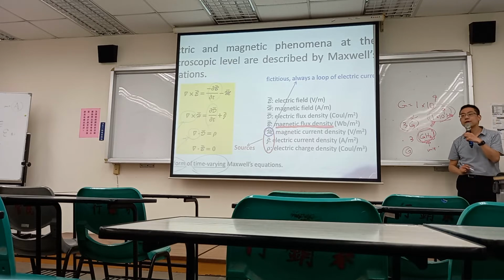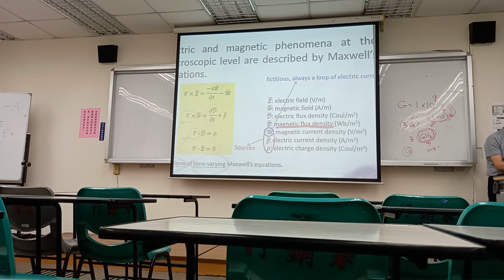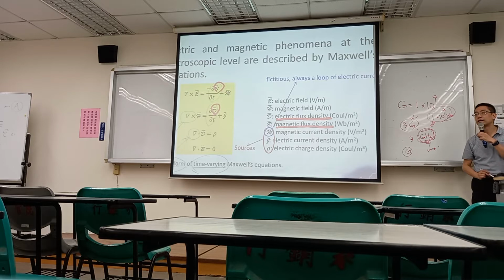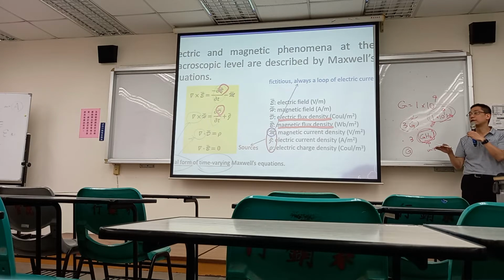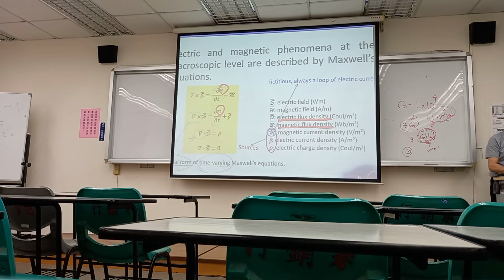What is that magnetic flux density? And also, I say D is the electric flux density. Just look at the equations. It's simple.